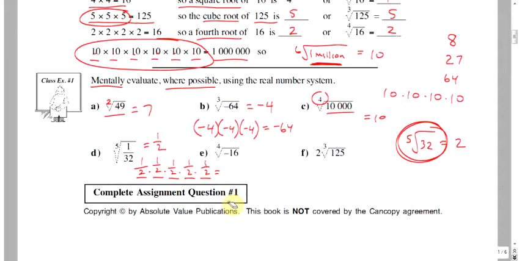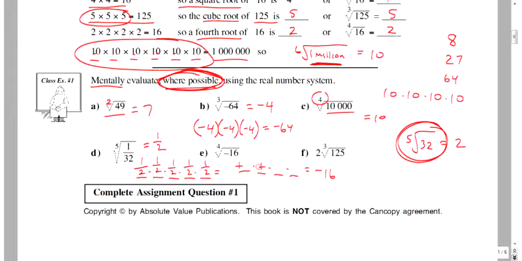All right, 4. What times what times what times what will give me negative 16? If you see it, don't yell it out. Can that ever happen? Because it has to be the same number.